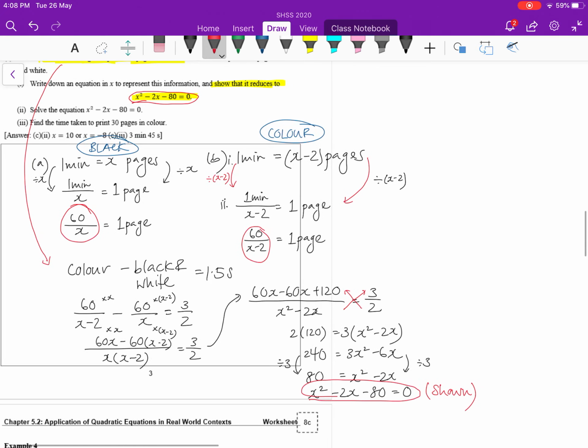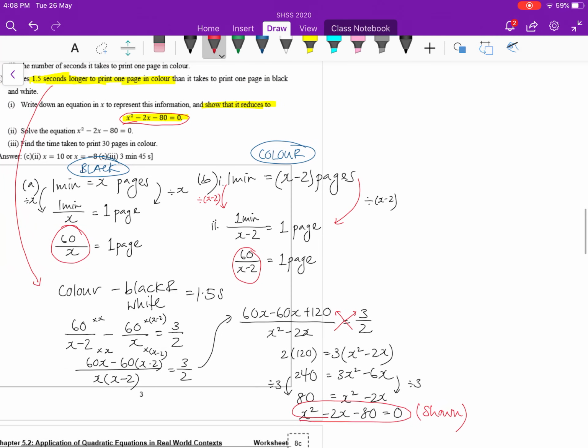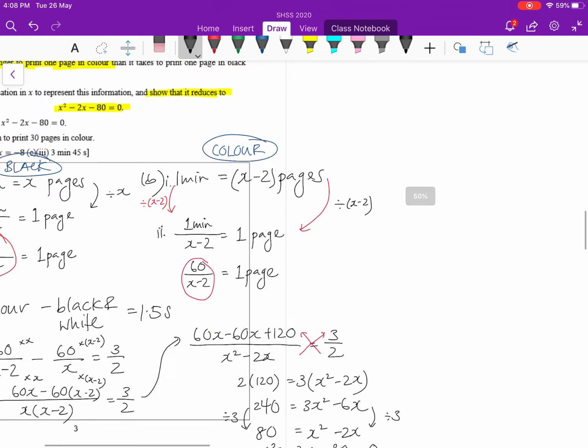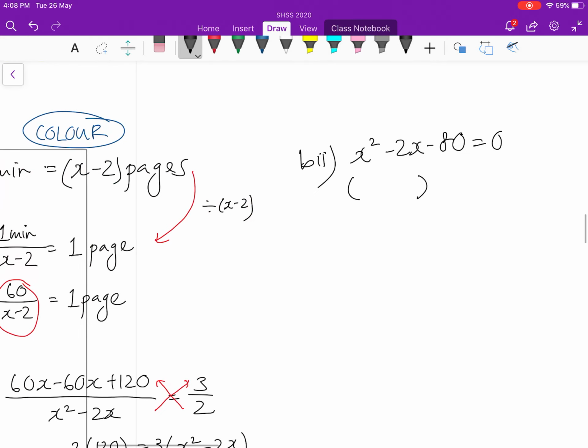From here, it should be quite simple because part 2 asks you to solve the equation. Now, B part 2, solving the equation isn't too difficult. For those who are familiar with this, just do x and x. 10 times 8 gives you 80. In order to get minus 2, it is minus 10 plus 8.